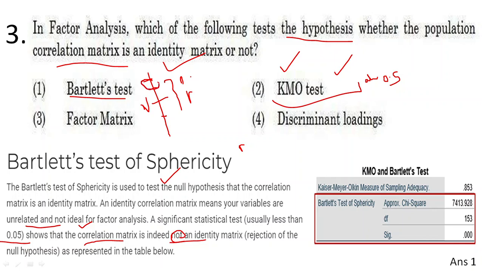There's some covariance among them, on the basis of which you are finding a few factors from the data set. So an identity correlation matrix simply means that your variables are unrelated. If they are unrelated, there cannot be any covariances, so not ideal for factor analysis. That's why we check Bartlett's test of sphericity. So the answer for this question is option number 1, which checks whether the correlation matrix is an identity matrix or not for a factor analysis in hypothesis testing.